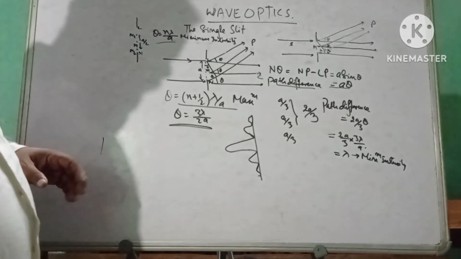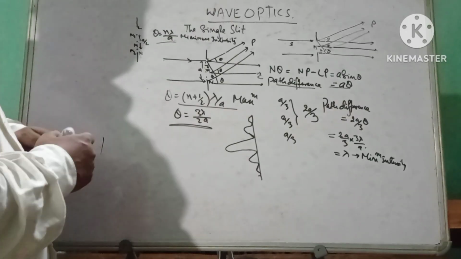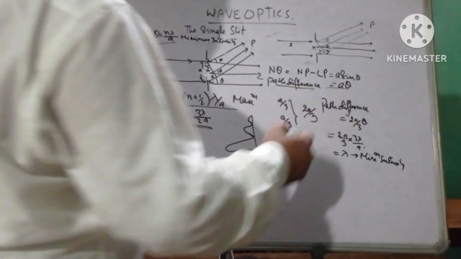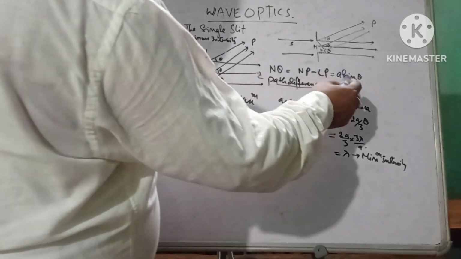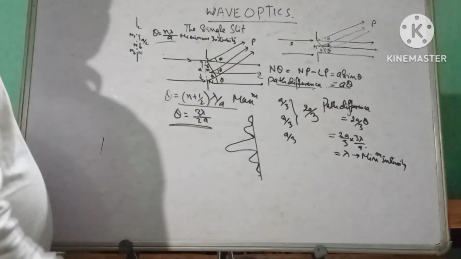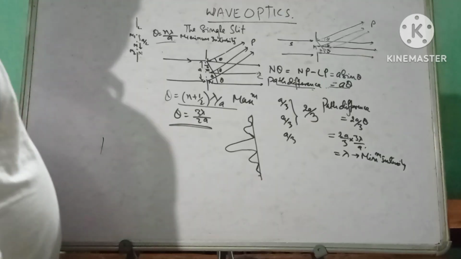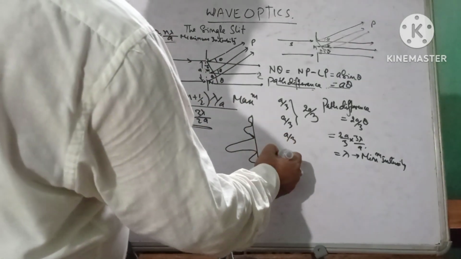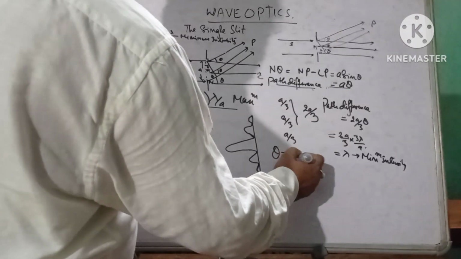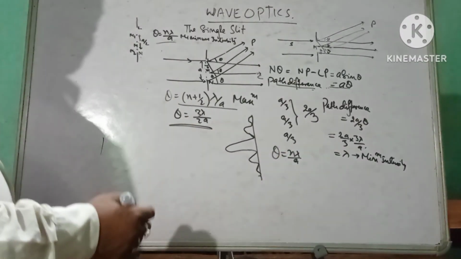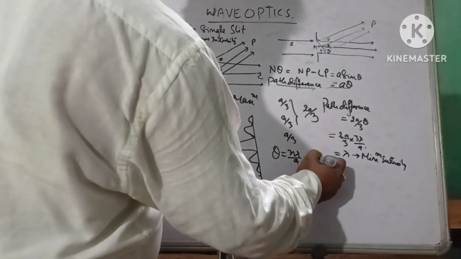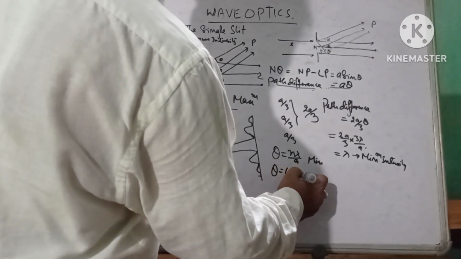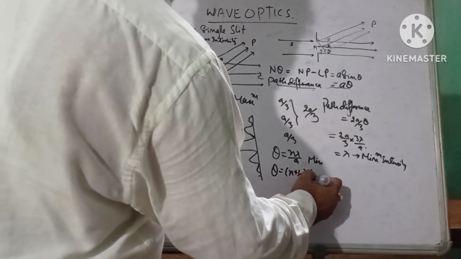Here I am repeating that they have derived a relation between the path difference and the slit width. They have told you that when theta is equal to n lambda by a, it is minimum, and when theta is equal to n plus half lambda by a, it is maximum.